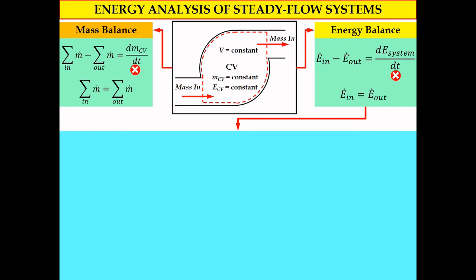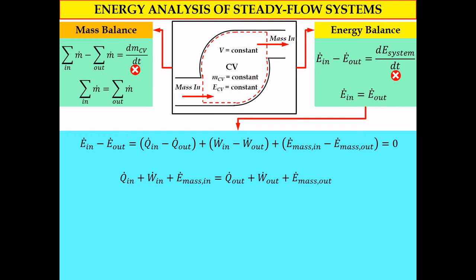Okay, so if we elaborate more on the energy balance equation, we have E dot in minus E dot out equal to Q dot in minus Q dot out plus W dot in minus W dot out plus E dot mass in minus E dot mass out, equal to 0 due to the steady flow process.